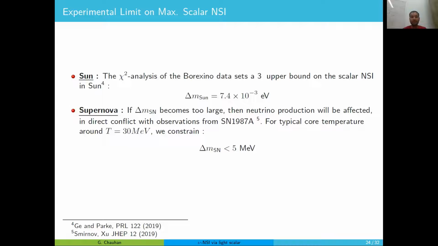And so basically it would mean that we should not have seen any signals from supernova 1987A. But that's not the case. So we can set an upper bound on this value, which is around 5 MeV for typical supernova temperatures of around 30 MeV. This is a heuristic value. This can fluctuate a little bit, but for proof of principle, this kind of holds.